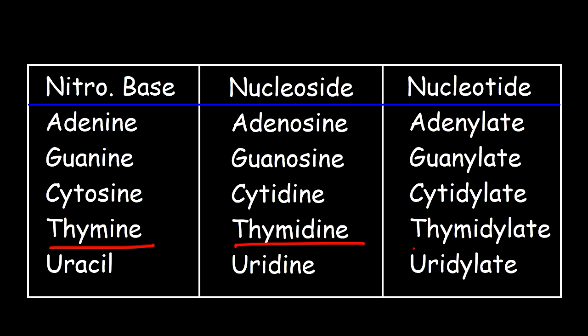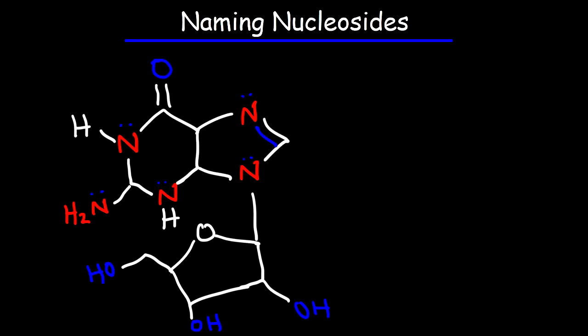And instead of thymidylate, it becomes deoxythymidylate in DNA. My pronunciation of these names may not be the best, so don't quote me on that. You can look it up yourself, but these are the names that correspond to the nitrogenous base, the nucleosides, and the nucleotides. Now let's talk about naming nucleosides.